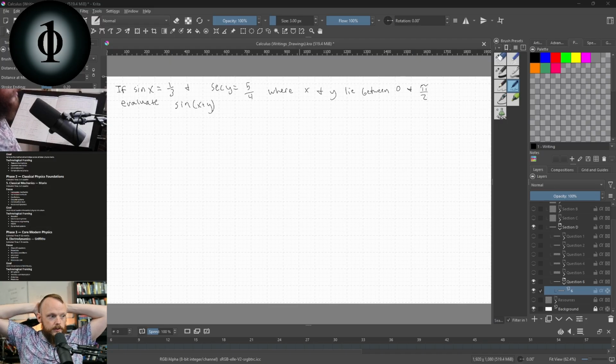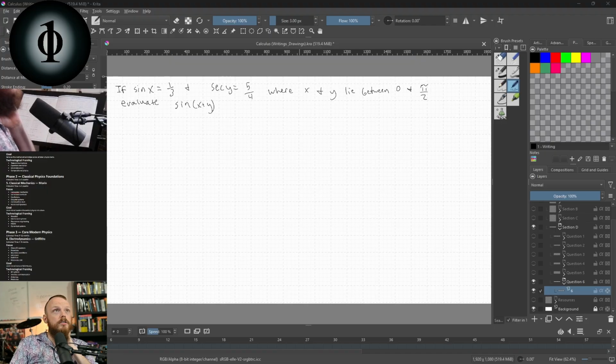See what it gives us. So sine of x is equal to a third. Secant of y is equal to 5 over 4. So we know that both are in quadrant 1. We need sine of x plus y. Oh, so it was going to use the identity: sine of x cosine y plus cosine of x sine y.